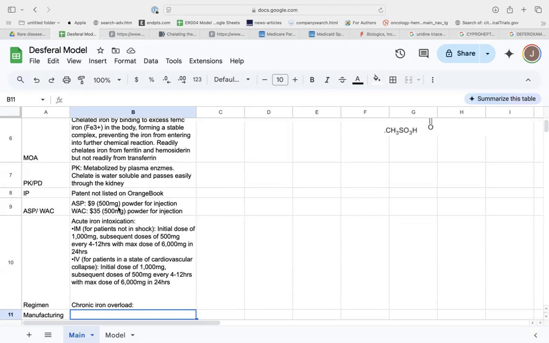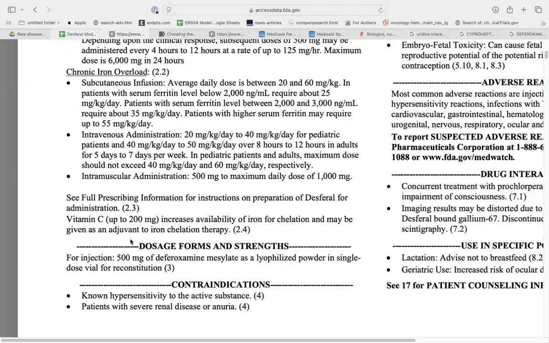Based on ASP price, if you take 6,000 milligrams in 24 hours, that's 5 times 2 times 6, which is 18 times 6. Okay, well, $108. So it's pretty cheap, honestly.